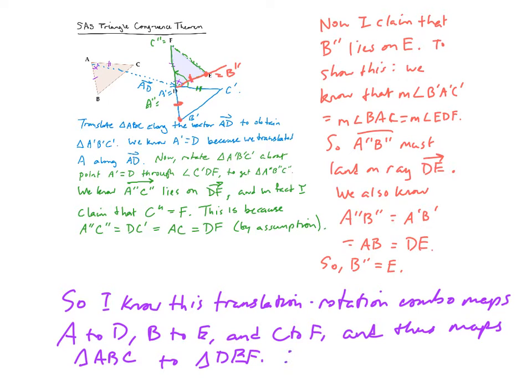And therefore, triangle ABC is congruent to triangle DEF. And then I think we are done.